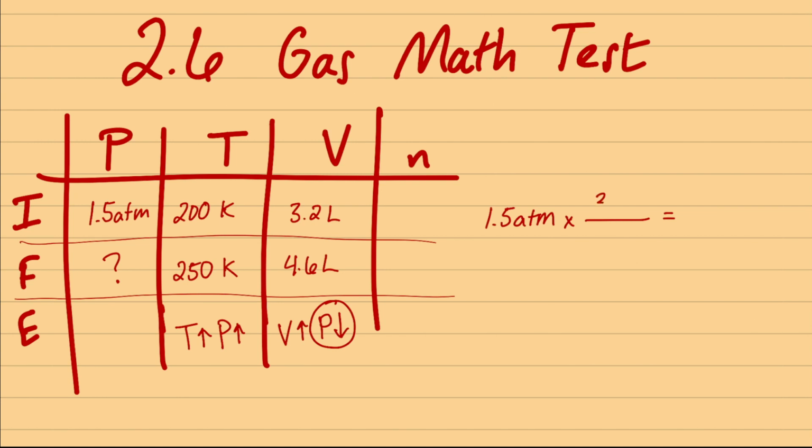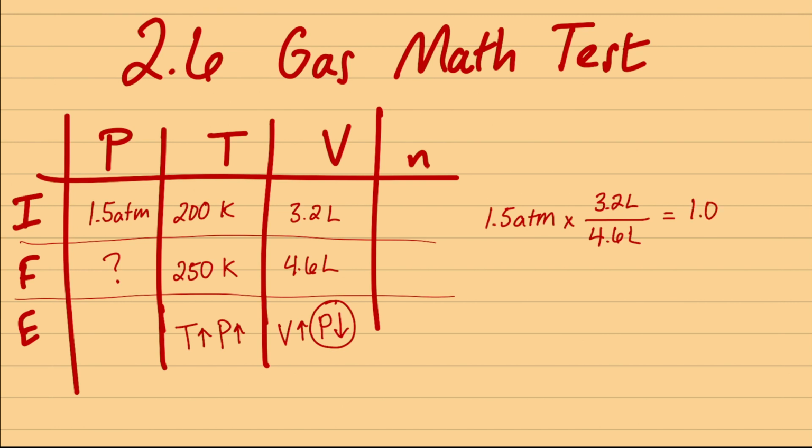So I'm going to put my smaller number on top for my volume change. 3.2 liters over 4.6 liters. And then I'm just going to punch that into my calculator and figure it out. 1.5 times 3.2 divided by 4.6.